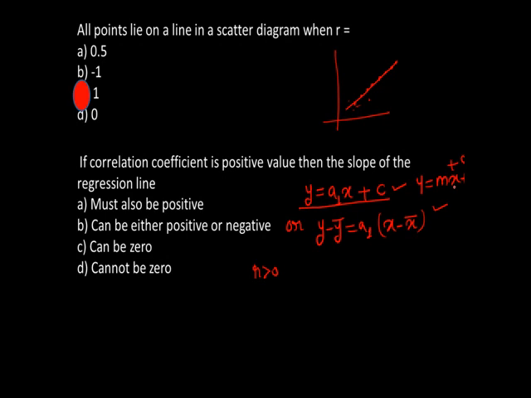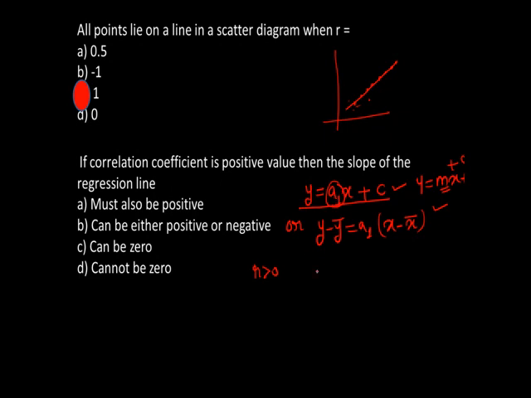Okay, this is what we have. Here the coefficient of x is nothing but the slope of the line. If I compare this equation with this form, I find that this a1 is nothing but the slope of the regression line, and in turn this a1 is also the regression coefficient of y on x.